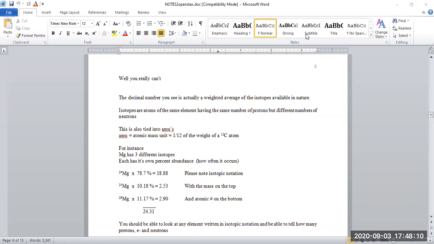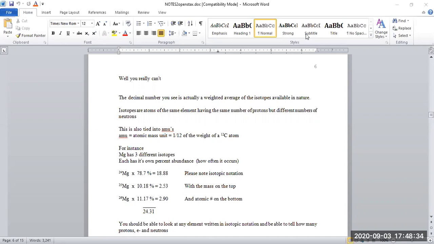Think about it this way: if I dug up a sample of magnesium ore and picked out 100 samples, 78.7 of them would be that version of magnesium.